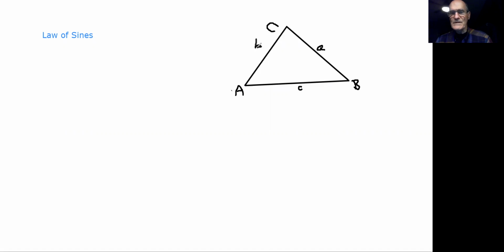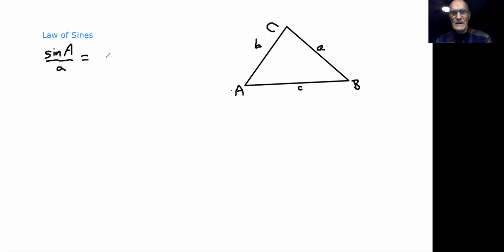Now the law of sines says that the ratio of the sine of an angle, so if we start with the sine of angle A divided by the length of the opposite side, divided by little a, is a constant in a given triangle.